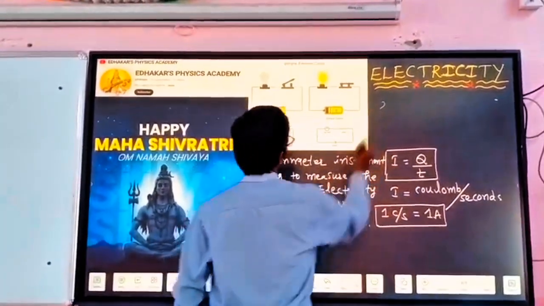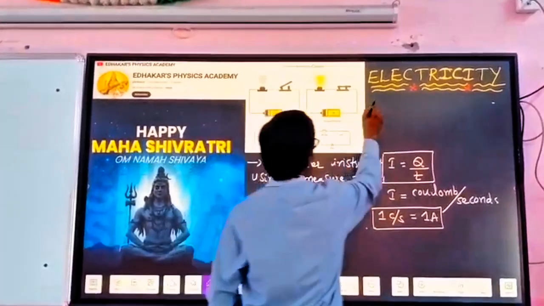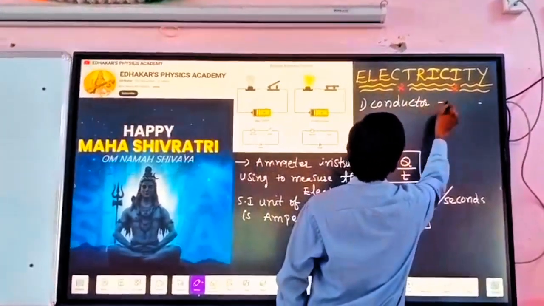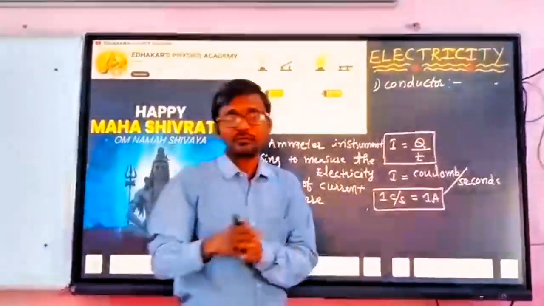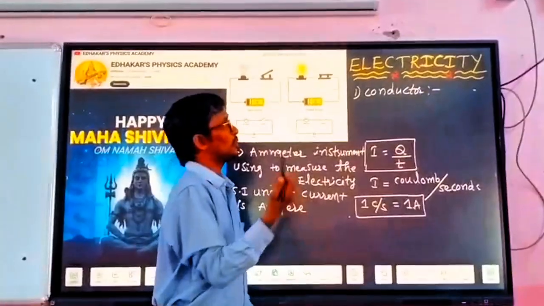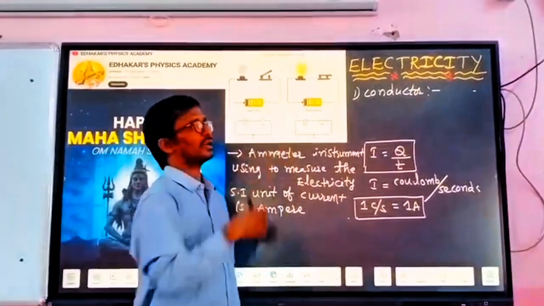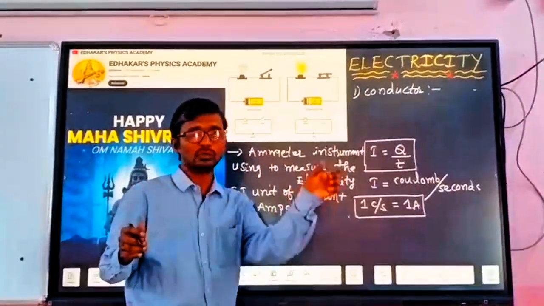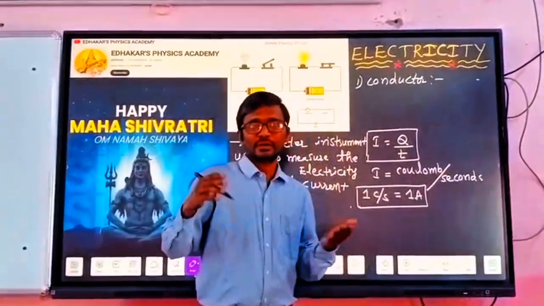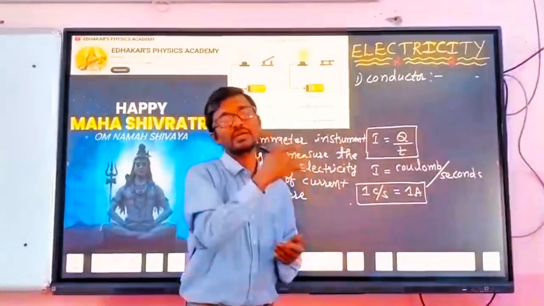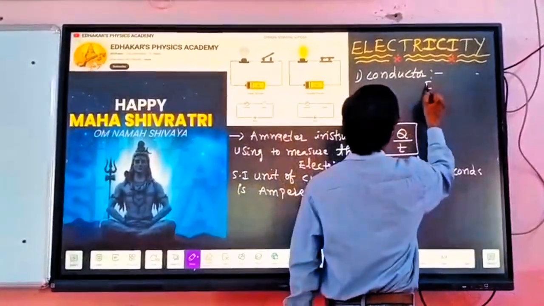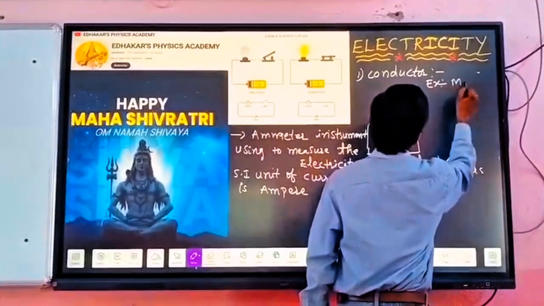A conductor is a material which allows current to pass through it. Almost all metals act as conductors, like iron and copper, which we also use as conductors. These metals are examples of conductors.